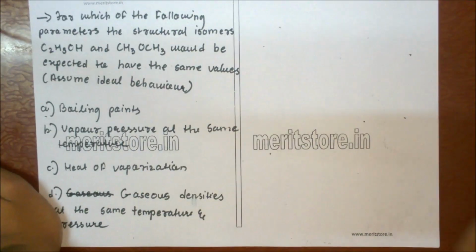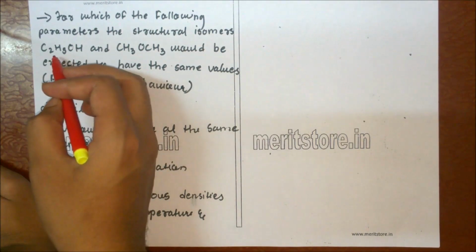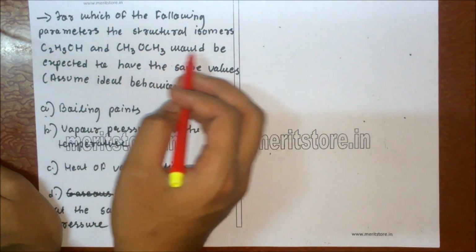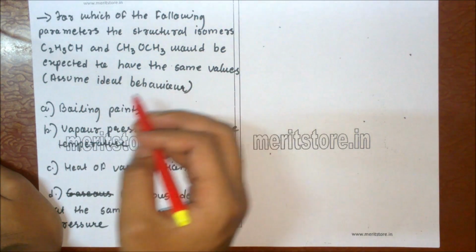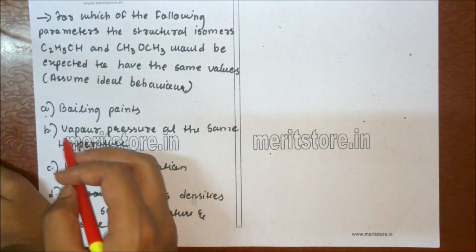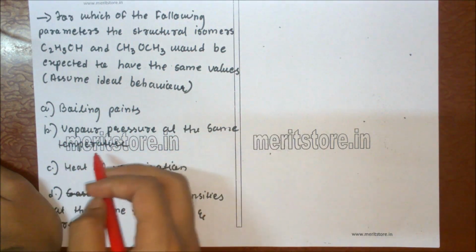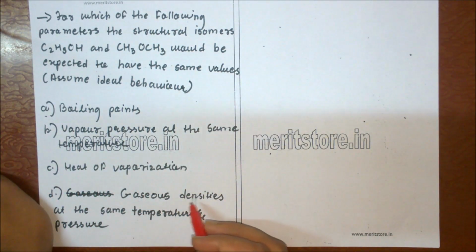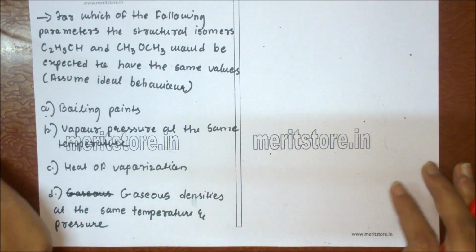For which of the following parameters would the structural isomers C2H5OH, ethyl alcohol, and dimethyl ether be expected to have the same values: A. boiling point; B. vapor pressure at the same temperature; C. heat of vaporization; D. gaseous density at the same temperature and pressure.